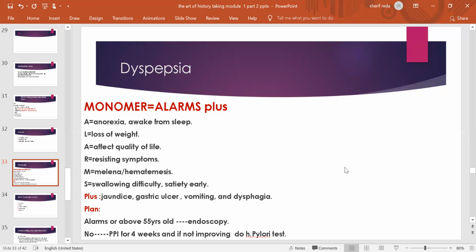So if you have one of those symptoms like ALARMS plus or above, and the patient is above 55 years, you have to proceed to endoscopy. If there are no alarm symptoms and signs, you have to start with PPI for 4 weeks, and if it's not improving, you can do the H. pylori test. This is called the treat and test technique.